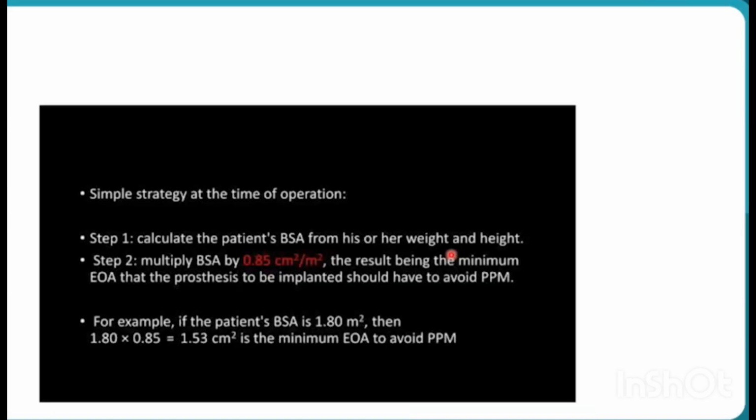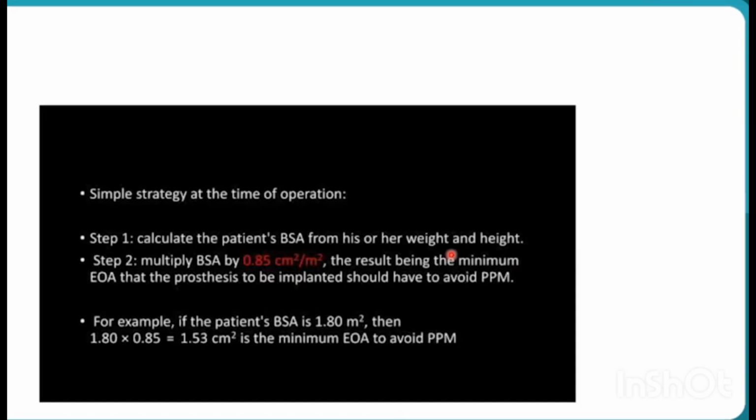So how to avoid PPM at the time of operation? Step 1 is to calculate the patient's body surface area according to the weight and height. Then simply multiply by the factor 0.85 to the available value. For example, if the patient's body surface area is 1.8, then we multiply it by 0.85, and this should be the minimum EOA of the implanted valve.